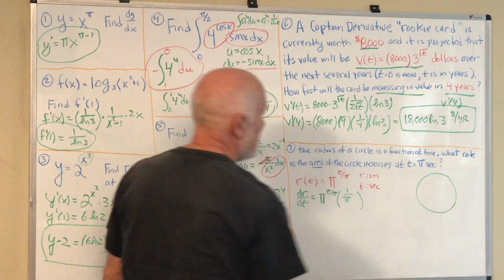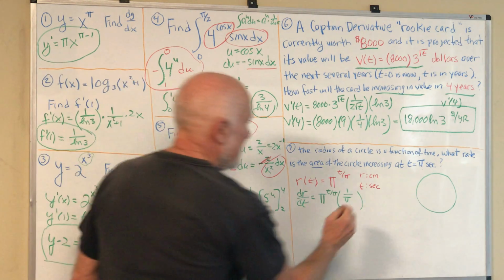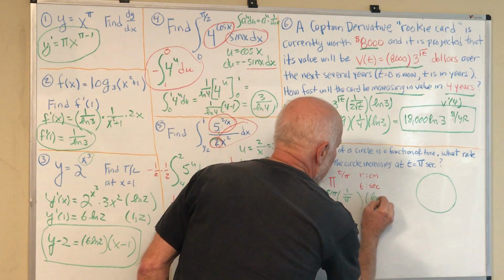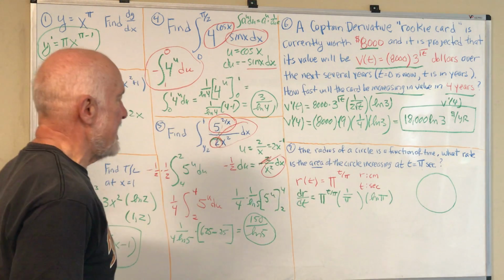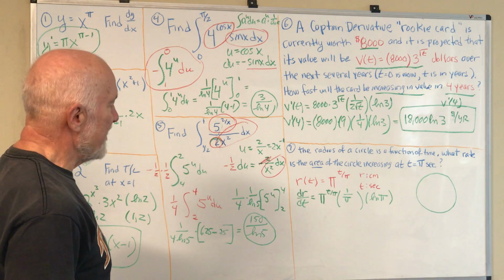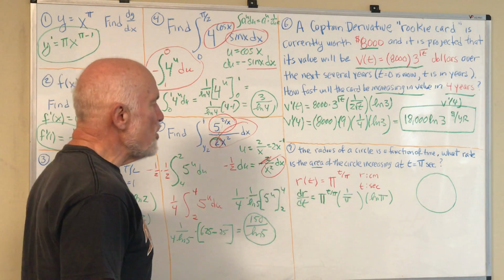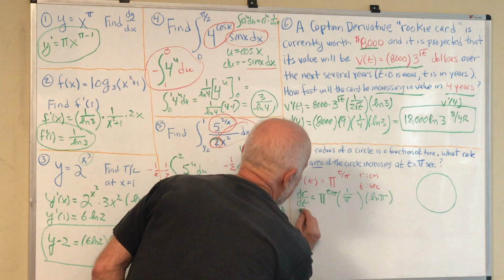So the derivative is going to be 1 over pi, and then we have that constant that becomes a part of the formula times the natural log of pi. So there's our formula, and we want to know what dr dt is at t equals pi.